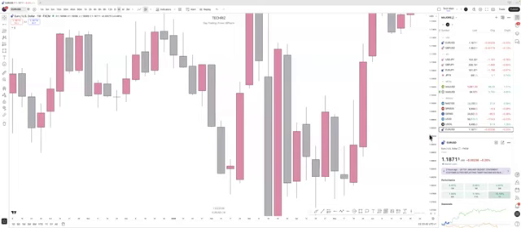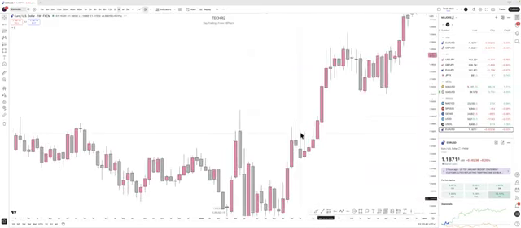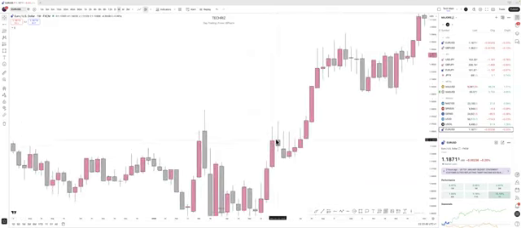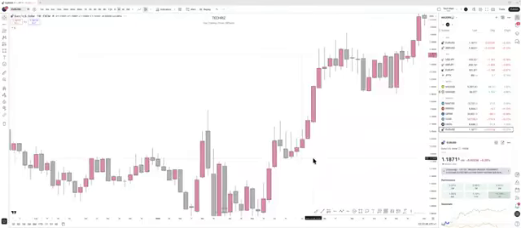So let us look at the weekly time frame of some pairs. June 8th.